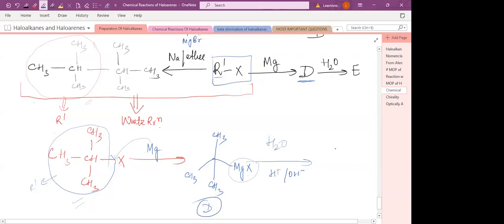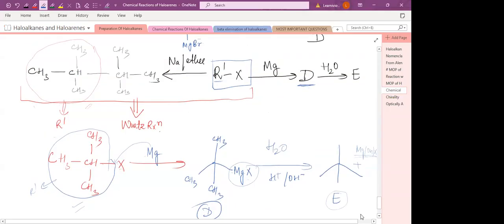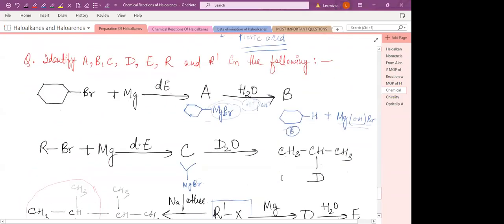You will get this molecule, this is your E, plus the byproduct MgOHX. It is not necessary to write the byproduct. You only have to identify A, B, C, D, E. That's how we identify all the unknown molecules in the question.